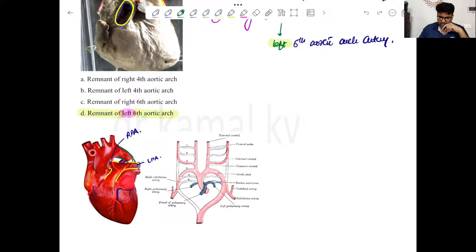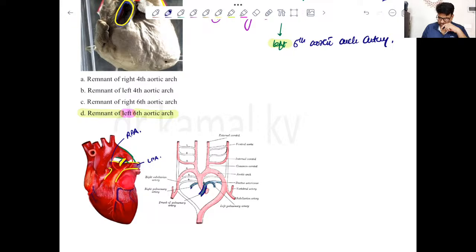Okay, so we can see this is the communication here, right? So this is the patent ductus arteriosus, and if I show you in the image, this is the main pulmonary trunk.